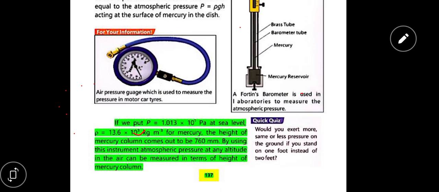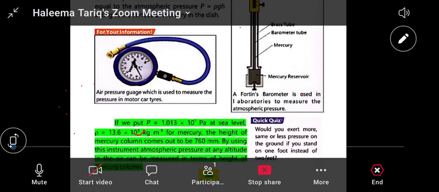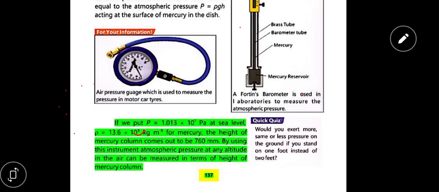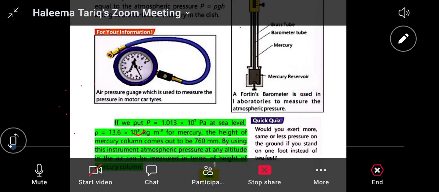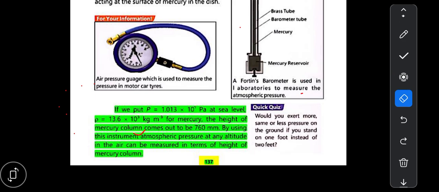And in the barometer, that is the paragraph which is mentioned at the bottom of the page. Just keep in mind that we are talking about the atmospheric pressure at sea level. This is the value of atmospheric pressure which is always taken as a standard and never changes at sea level: 1.013 multiplied by 10 raised to the power 5 pascal.